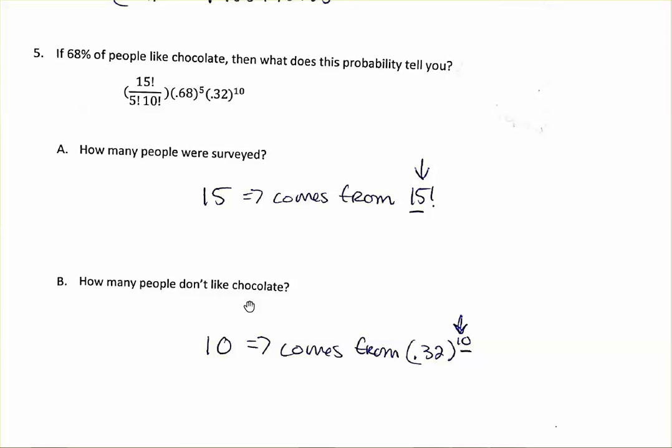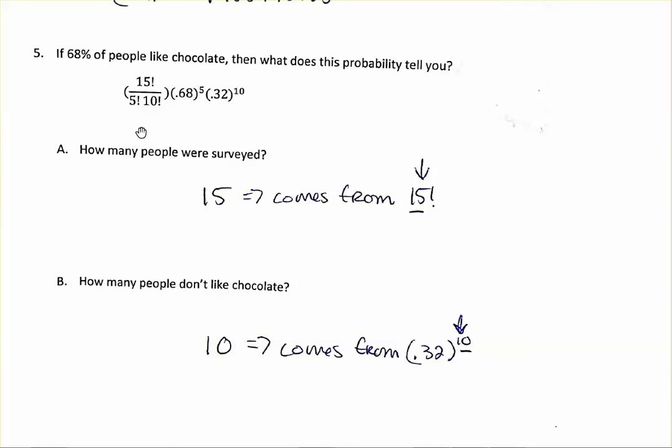How many people don't like chocolate? We know that 68% of people like chocolate, so 0.32 don't like chocolate, and this 10 refers to the number of people who don't like chocolate. So 10, which comes from the 0.32 and this 10 right here.